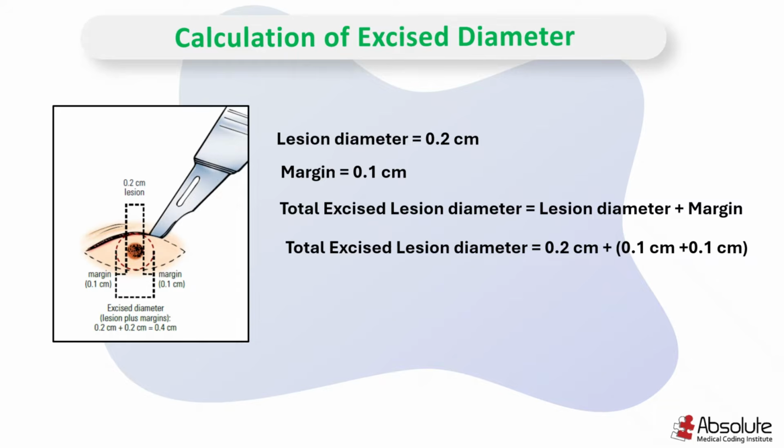That would be 0.2 cm for the lesion diameter and 0.1 cm plus 0.1 cm for the margins on both sides. And after calculation, the final total excised diameter of the lesion would be 0.4 cm. And I hope you all got the correct answer here.